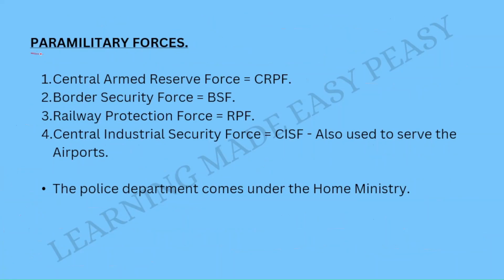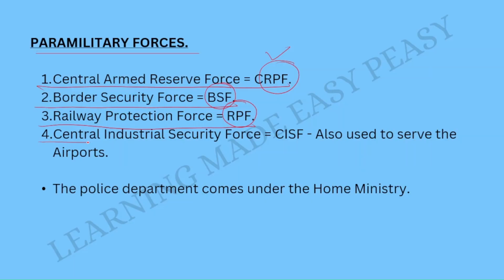Then we have paramilitary forces. In the paramilitary forces, we first have the Central Reserve Police Force, which is also called CRPF. Please remember the abbreviations. Then we have the Border Security Force, that is BSF. Third is the Railway Protection Force, that is RPF.